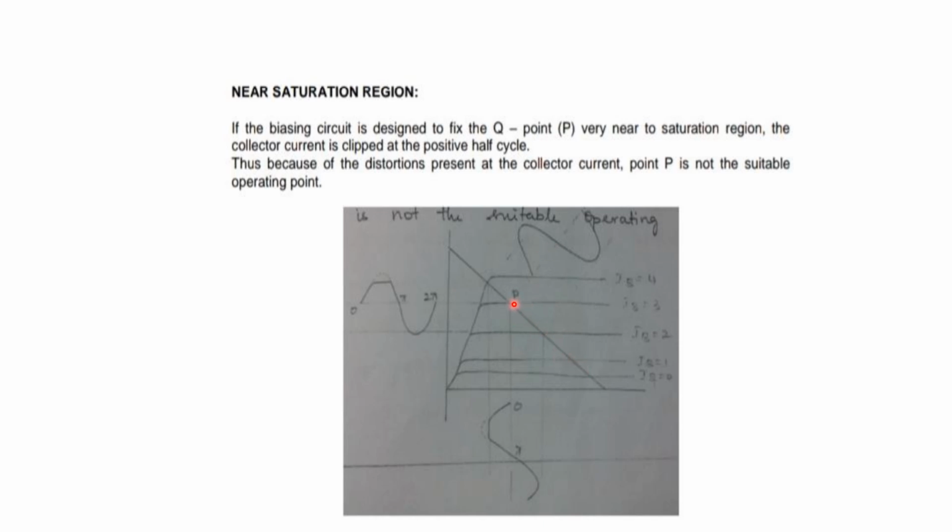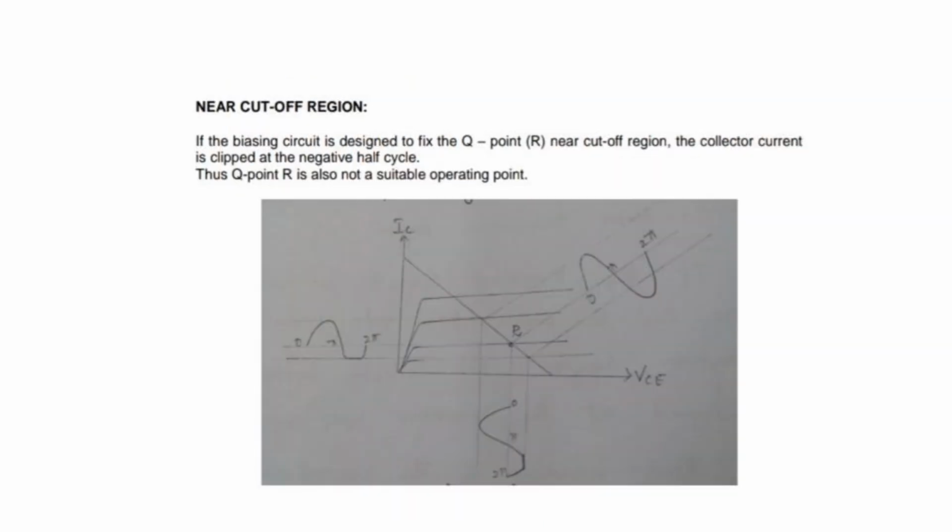What will happen if the Q point is nearer to the saturation level? If the DC voltages are fixed nearer to the saturation level, the upper peaks of the output signal get clipped. The upper peaks of the amplified signal, the positive peaks, will be clipped off.